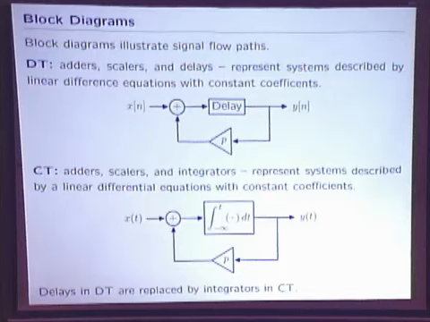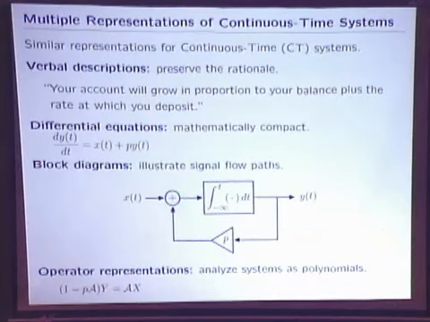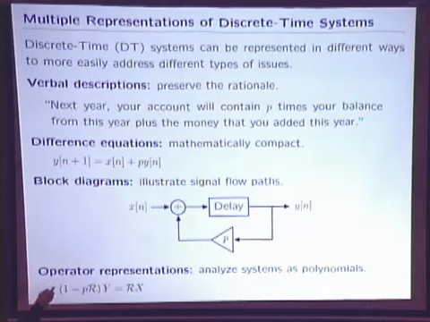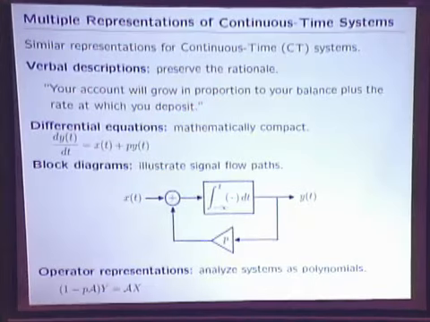The big difference you can anticipate is that in the difference equation, the fundamental operation was a delay operation. If you contrast that to a CT system, the fundamental operation is not delay. You know from 1803, you know from physics, you know from lots of other exposures that the fundamental operation is differentiation.